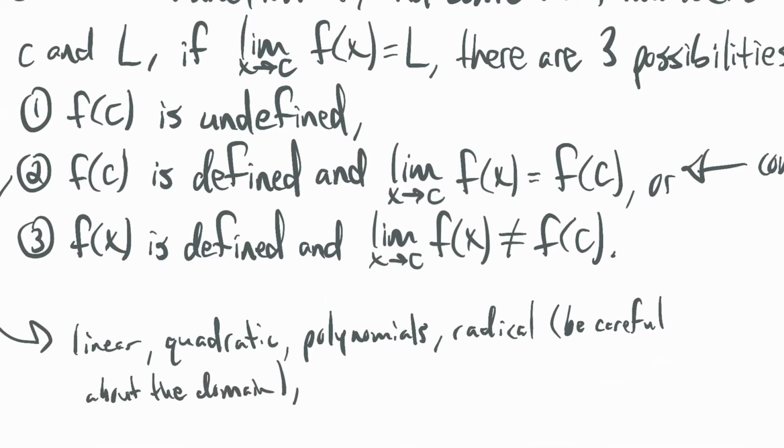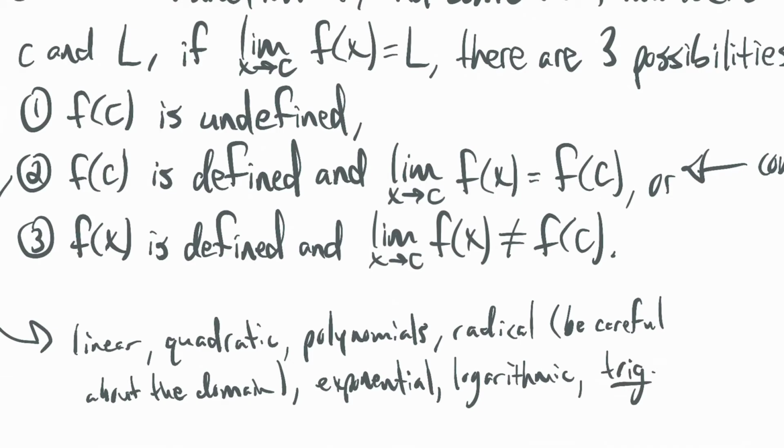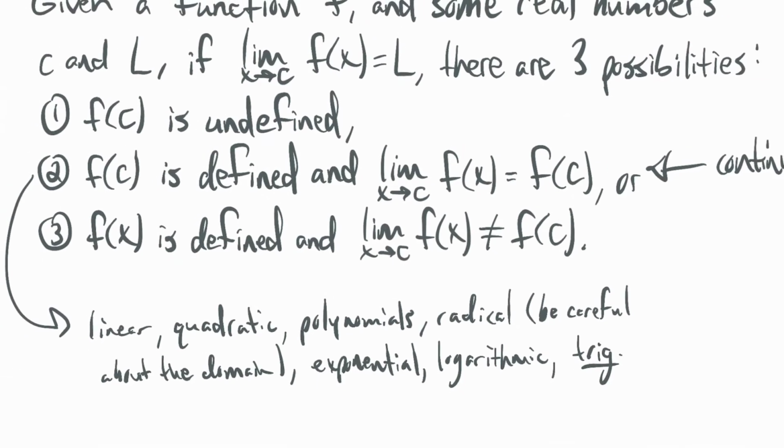Exponential functions, logarithmic functions, and if you took pre-cal at some point, all the trigonometric functions, which in this course we don't deal with, but those are continuous on their domains.